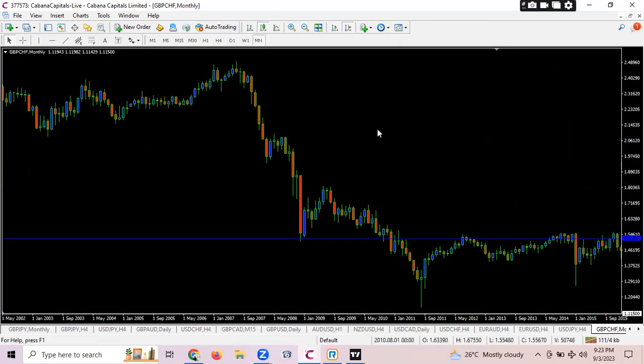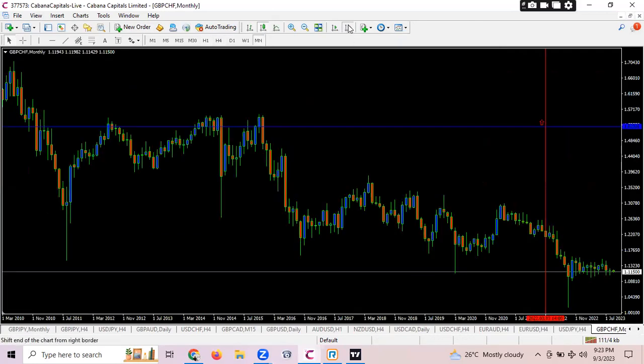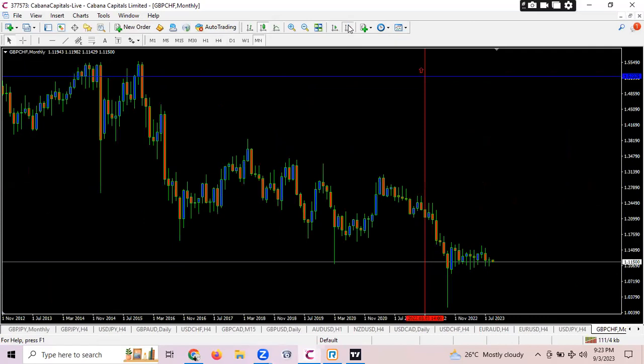So let's start the monthly. For some months now, GBP CHF has been in a range. So on the monthly, we can identify support, and we can also identify the resistance.